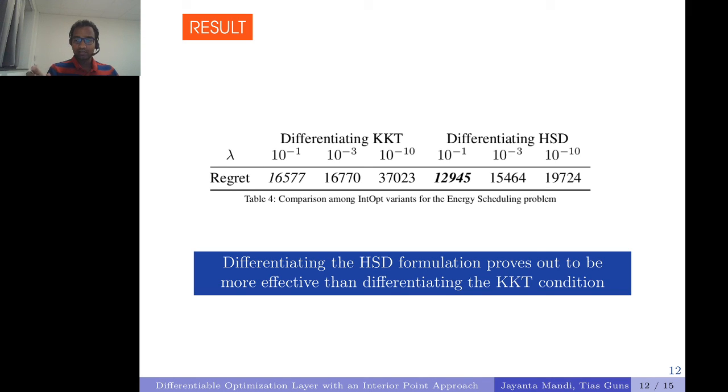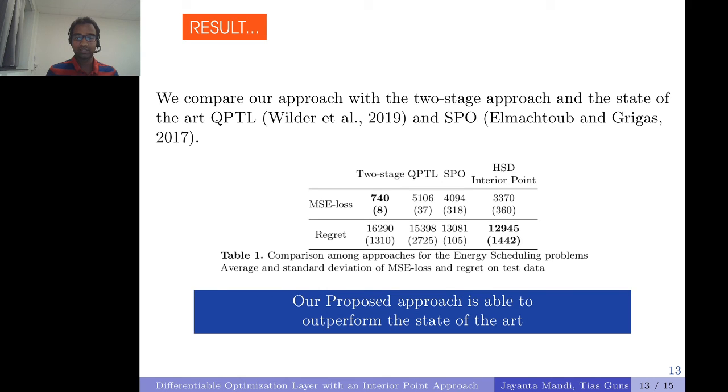Just to emphasize, the same thing can be done with the KKT conditions too. We can stop before the optimal point and then differentiate the KKT conditions, and we did it, and then compared with the approach of differentiating the homogeneous self-dual embedding, and our result shows that differentiating the homogeneous self-dual embedding produces lower regret. So that means this is more effective.